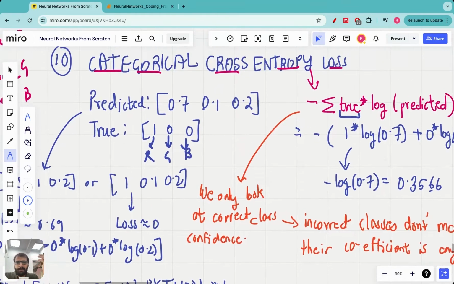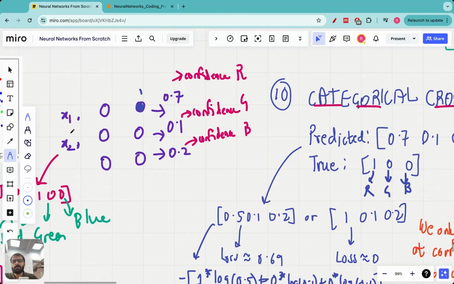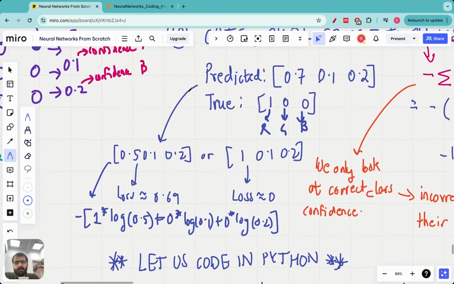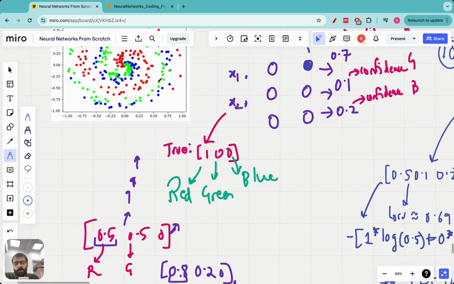So the simplest way to calculate the cross entropy loss is, if you are given a data point, look at its true value. In this case it's R, and then just look at the confidence of that particular class. So here it's 70%, so the loss is negative log of 0.7. If it's 0.5, the loss will be negative log of 0.5.